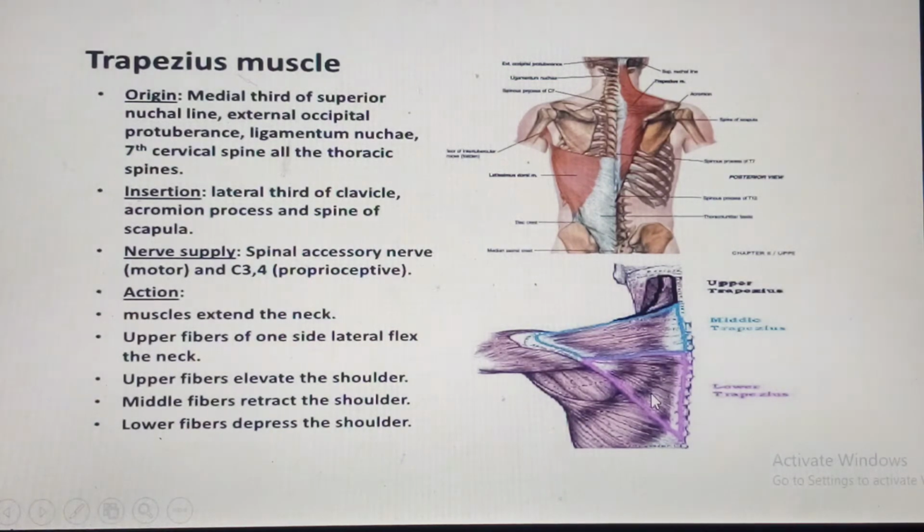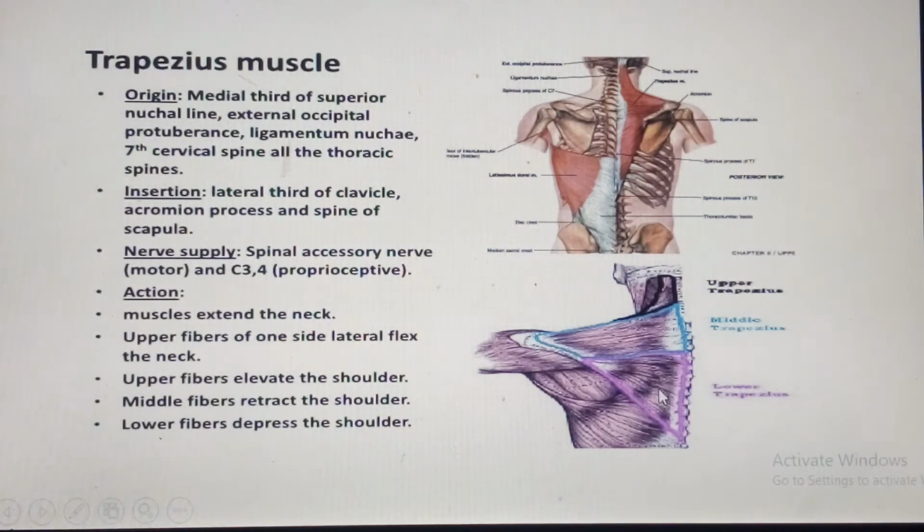So what we see is that the upper fibers will help in flexion of the neck, and then the inferior fibers will help depress the shoulder. But one thing too is that apart from helping flex the neck, the upper fibers also help elevate. So the upper and lower fibers are antagonistic, while the upper fibers help in flexion as well as elevating the shoulder.